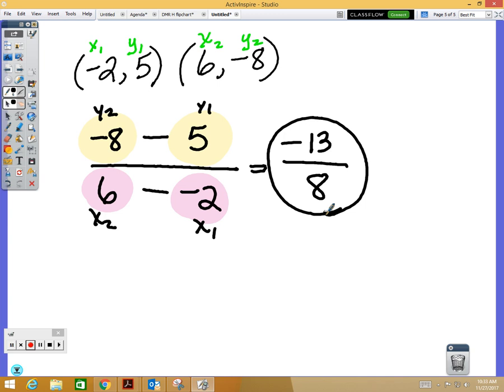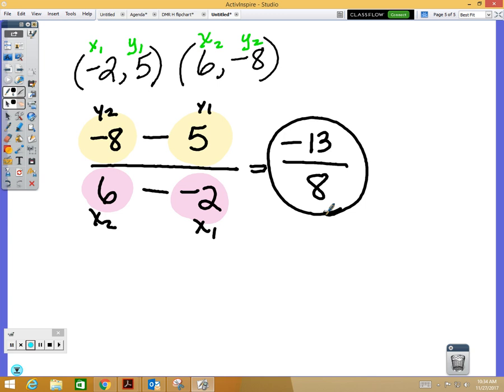You ready to try one of these on your own? Okay, we'll give you one to try on your own. Sorry? No? That's a minus sign. So that makes negative 8 minus 5. Because when you're thinking about your rules, you can think of this as being that negative sign over there.